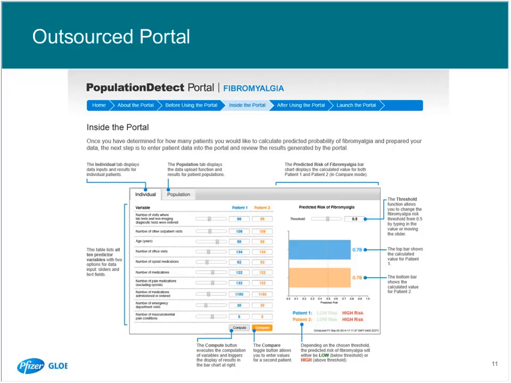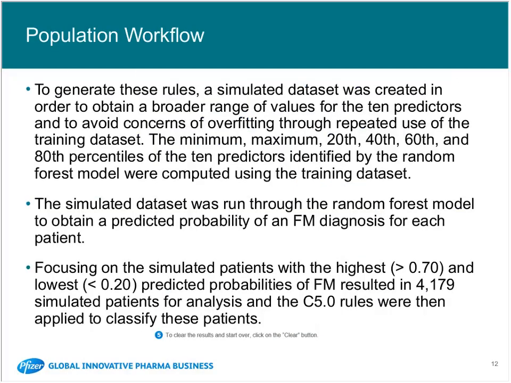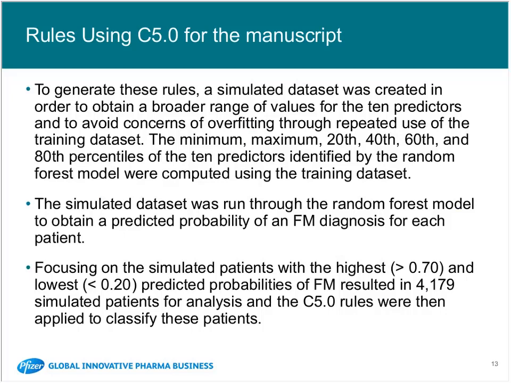And we have utilized this with some healthcare. So I just want to show that, and this is the population work. Now, this is great because individuals can now go through and use this. But in the paper, we wanted to communicate some of these, so we said, all right, we can provide the details of the portal, but let's make sure the manuscript can give some idea too, and that the C50 rules come out.